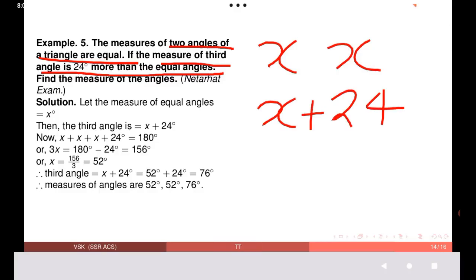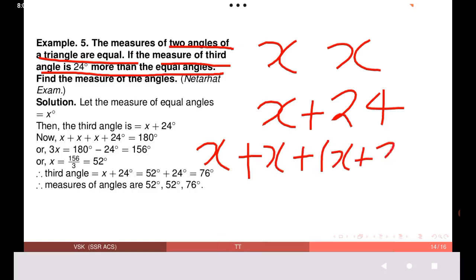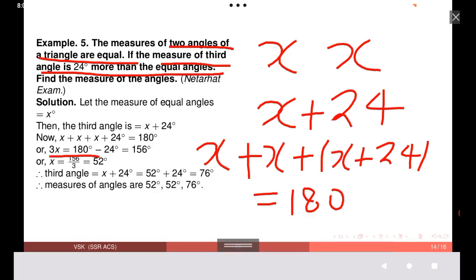And we know the sum of these angles, x plus x plus the third angle, that is x plus 24, will be equal to 180. When we solve, we will get 3x is equal to 180 minus 24. How is this so?